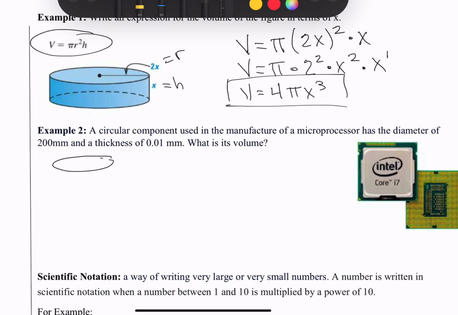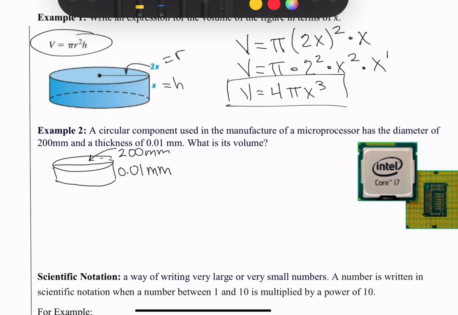It's going to look something like, it's a bad drawing, but I know that I have a diameter. Now the diameter goes through the center of the circle. It takes the entire length of that circle through the center, and that diameter is going to be 200 millimeters. And then I know that my height is going to be 1/100 of a millimeter.